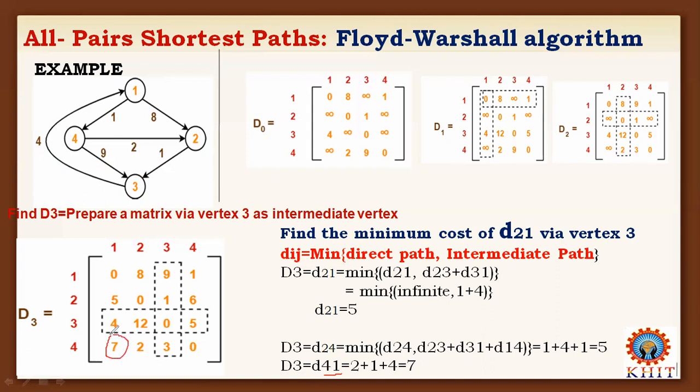Check how we will get the value 7. The starting vertex is 4 and the ending vertex is 1, through intermediate vertex 3. Now we will see whether it is possible or not.